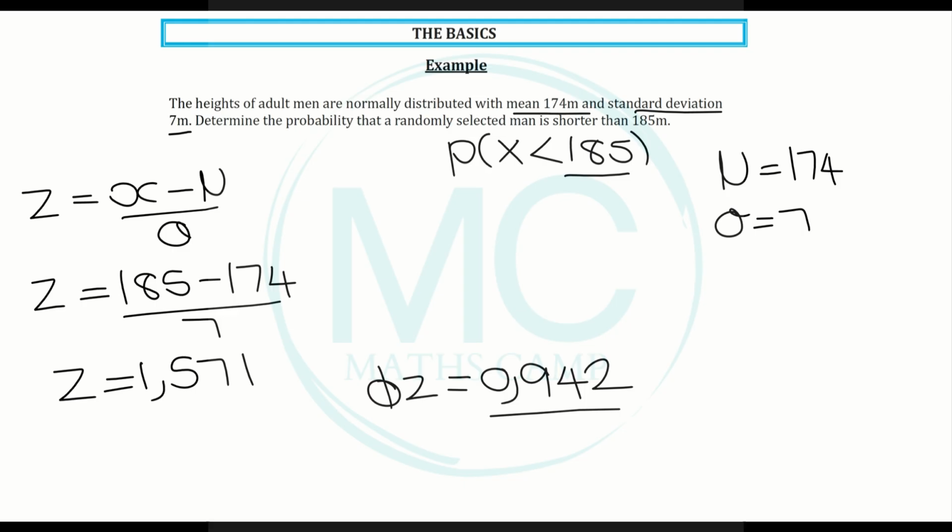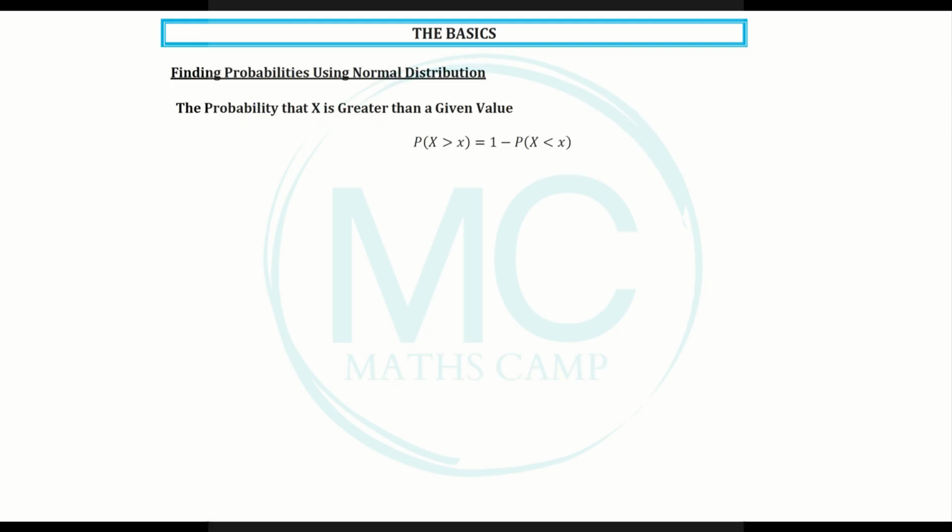Now let's look at the probability that x is greater than a given value. This method of probability does not allow us to find the probability that x is greater than a value, but we know that the total area under a curve is 1, and we can use our z-score to find the probability that something is smaller than that value.